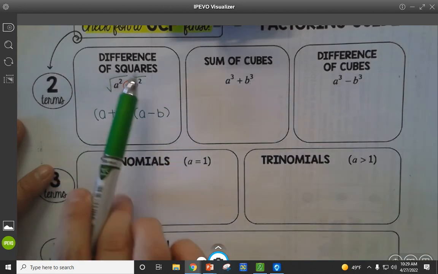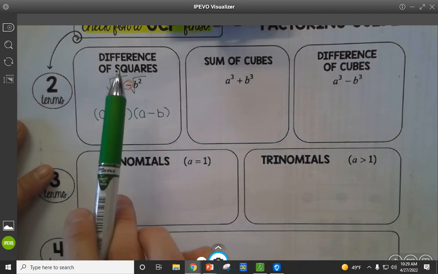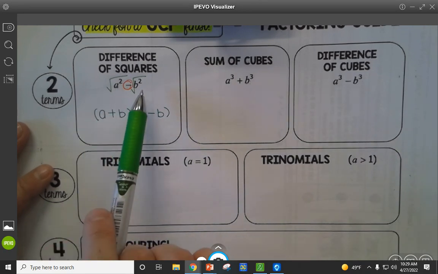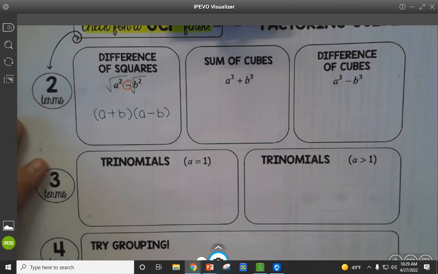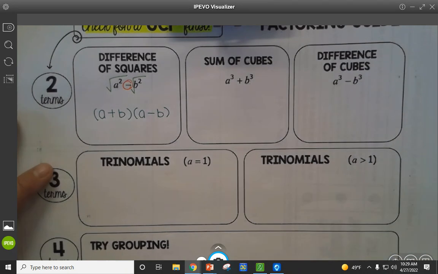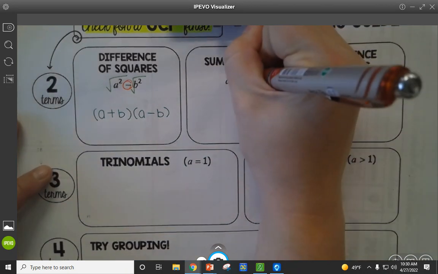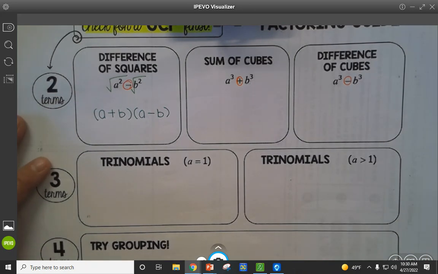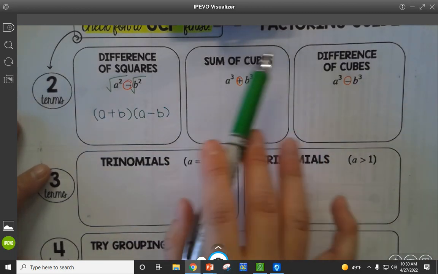There is not an option for a sum of squares. So if you have like x squared plus 4, you couldn't do anything with that. It wouldn't work. But the cubes, we do have a sum and a difference of cubes. How do we find the A and B on these?